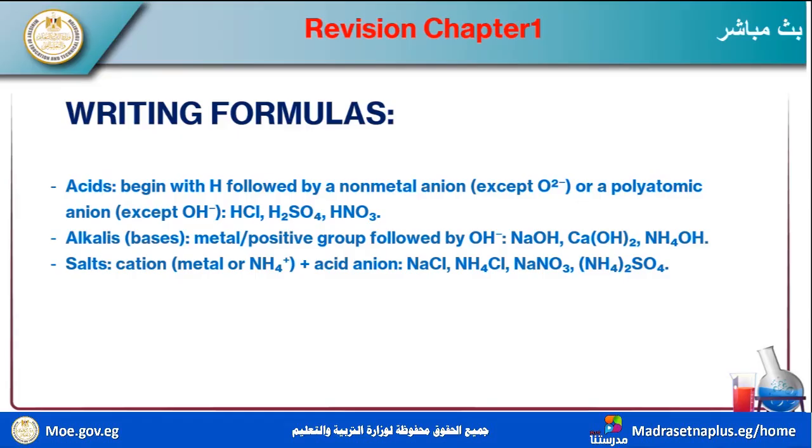And we can form a salt from the combination of cations and anions. You have (NH4)2SO4, ammonium sulfate, NH4Cl ammonium chloride, NaNO3 sodium nitrate. These are examples to help you write a correct molecular formula.